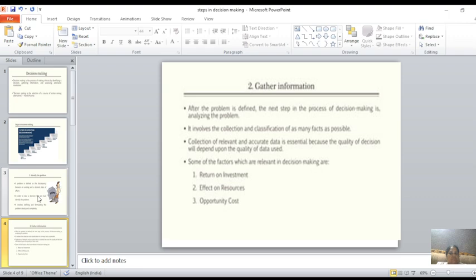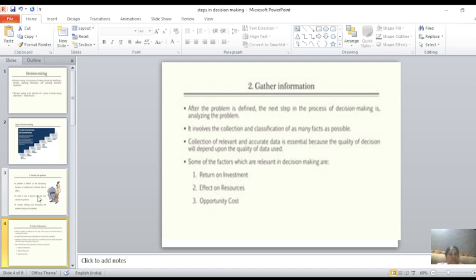Next, we are moving to the next step called gather information. After the problem is defined, we have come to a conclusion about what problems exist in that particular area. Now we have to gather information in order to classify the problems. It involves the collection and classification of many facts.